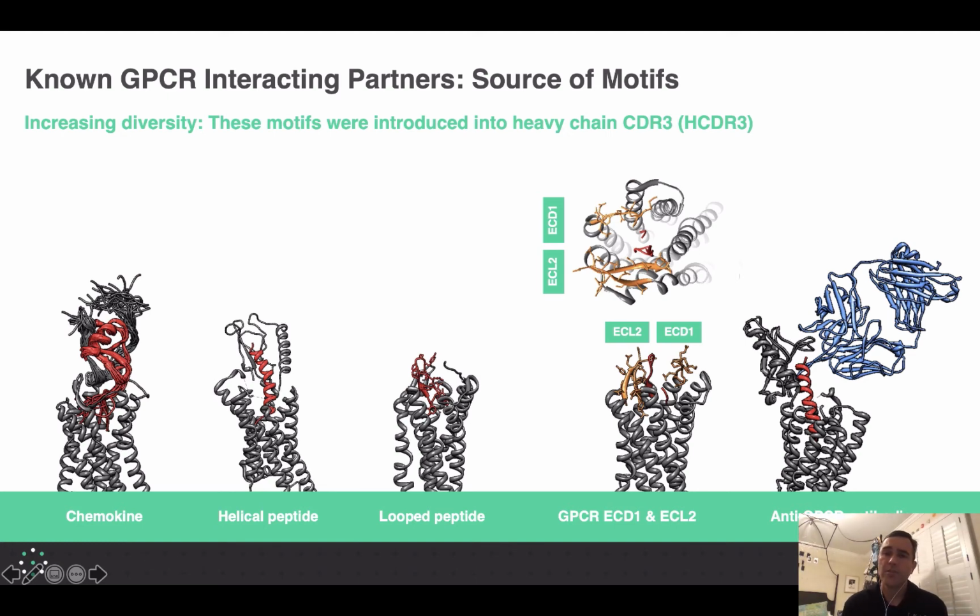Some GPCRs actually interact with themselves through their N-terminal domain, which binds the second extracellular loop, and so we took some motif content derived from the N-terminal domain and put that into the library as well. And then finally, a small portion of our heavy chain CDR3 diversity in this motif loop library is derived from anti-GPCR antibodies. So there is a fair amount of antibody GPCR content as well.